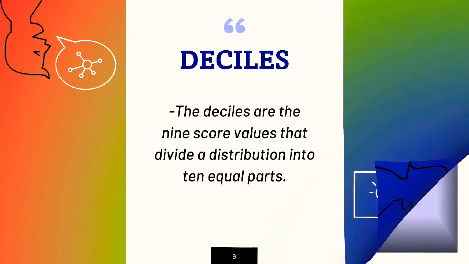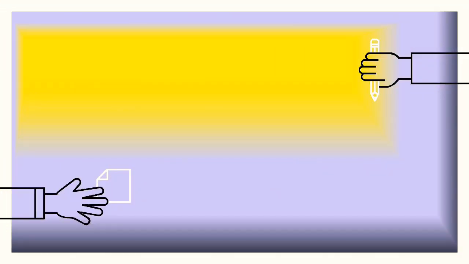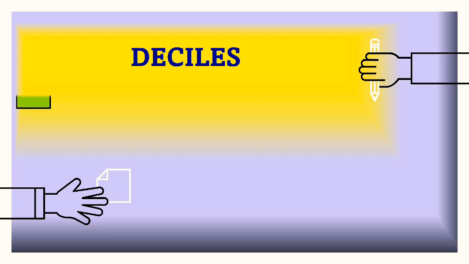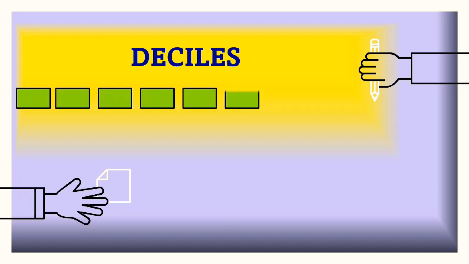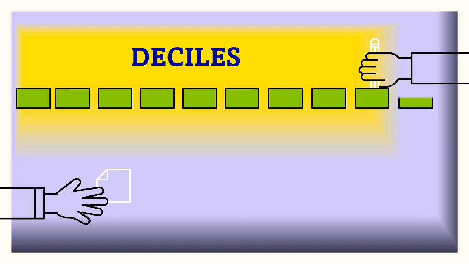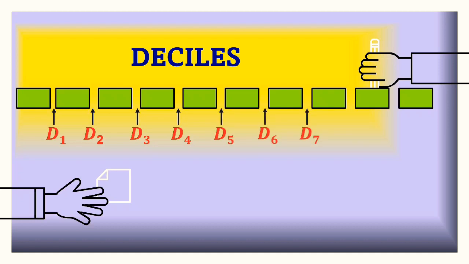So class, if we want to divide this distribution into 10 equal parts, we need to divide this by 9. Each partition has its name, namely D sub 1, D sub 2, D sub 3, D sub 4, D sub 5, D sub 6, D sub 7, D sub 8, and D sub 9.